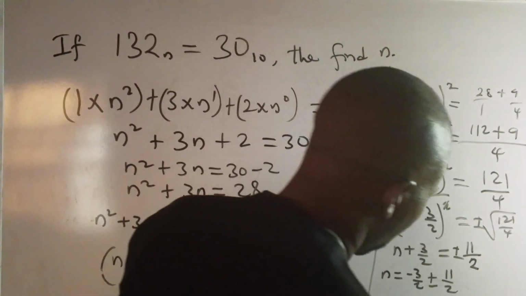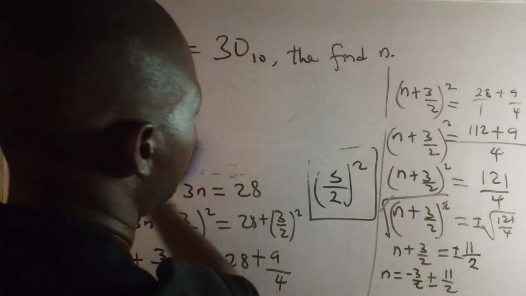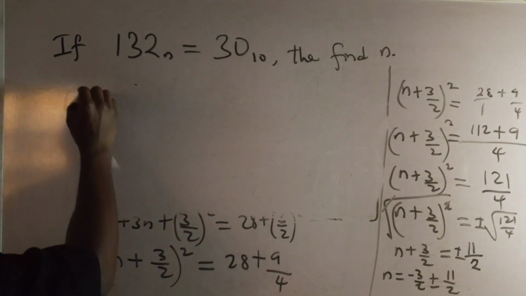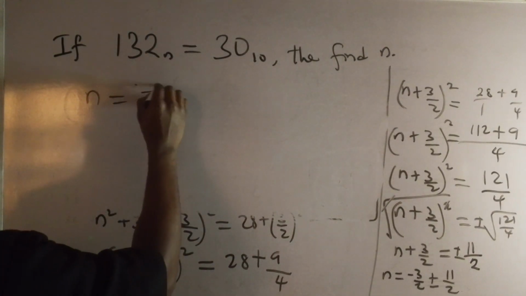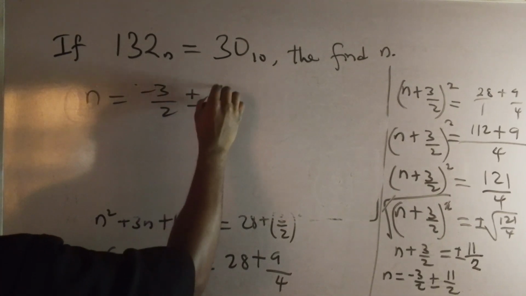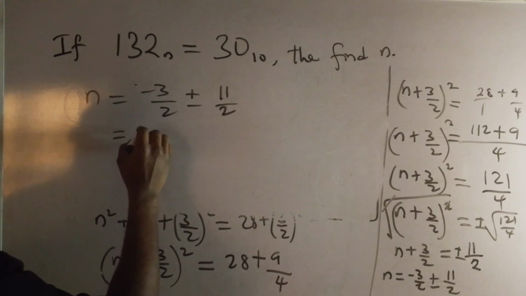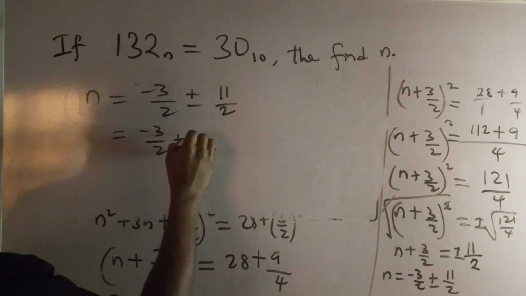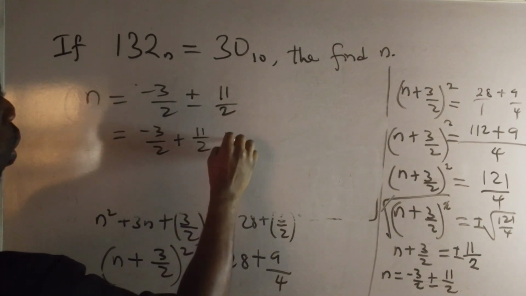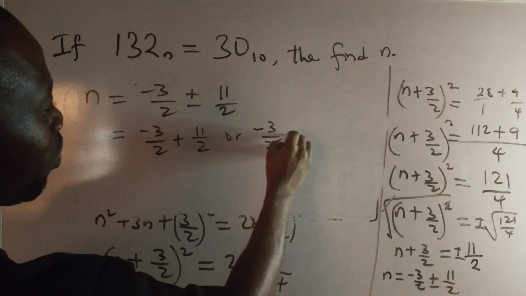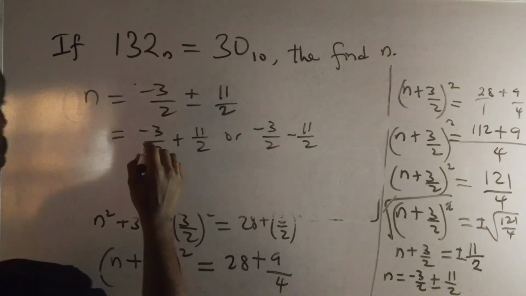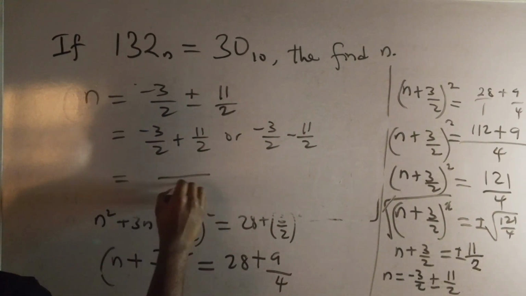So that gives us what? N is equals to minus 3 over 2 plus or minus 11 over 2. So which is equals to minus 3 over 2 plus 11 over 2, or minus 3 over 2 minus 11 over 2. If you take your LCM is 2.